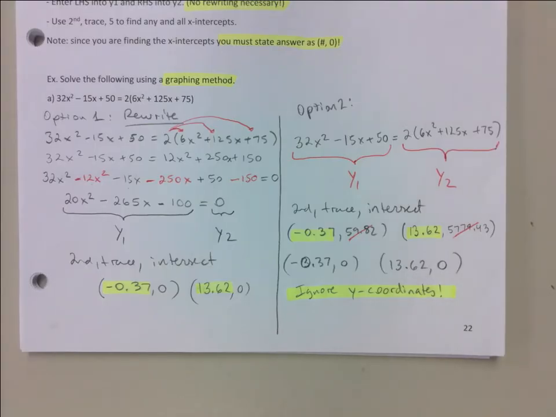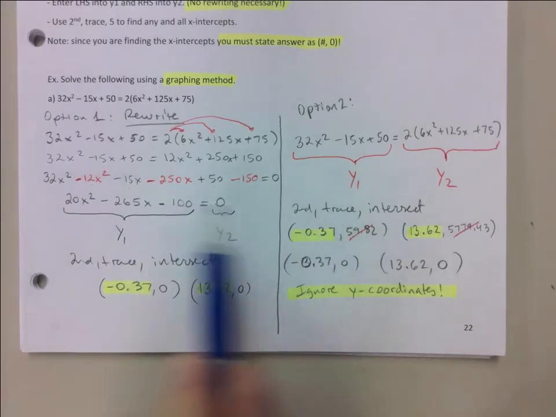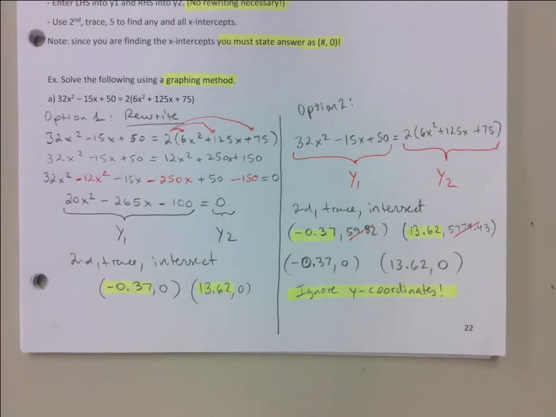So on your study sheet, you should have solving quadratics. I'll let you finish copying this. In my study sheet, I would have solving quadratics. There's a quadratic formula. There's the graphing method. And you might want to choose which option you'd like for your graphing method.